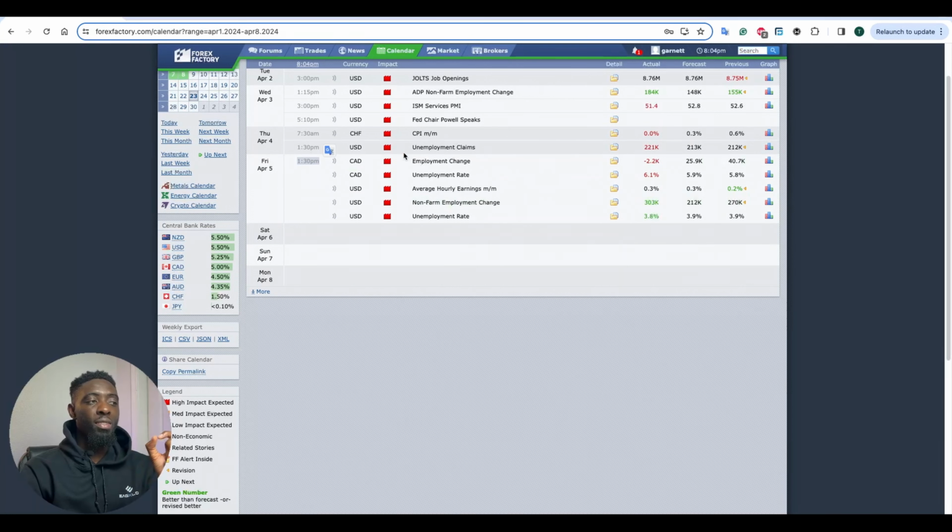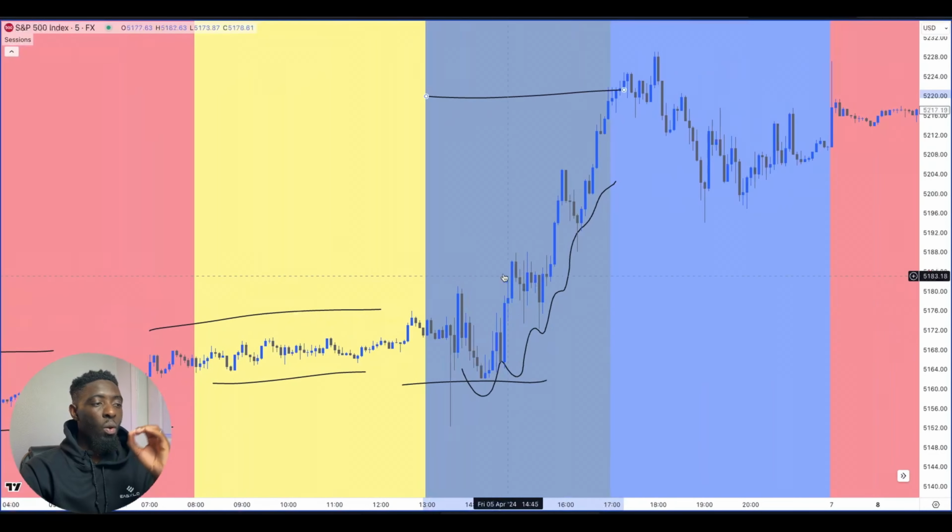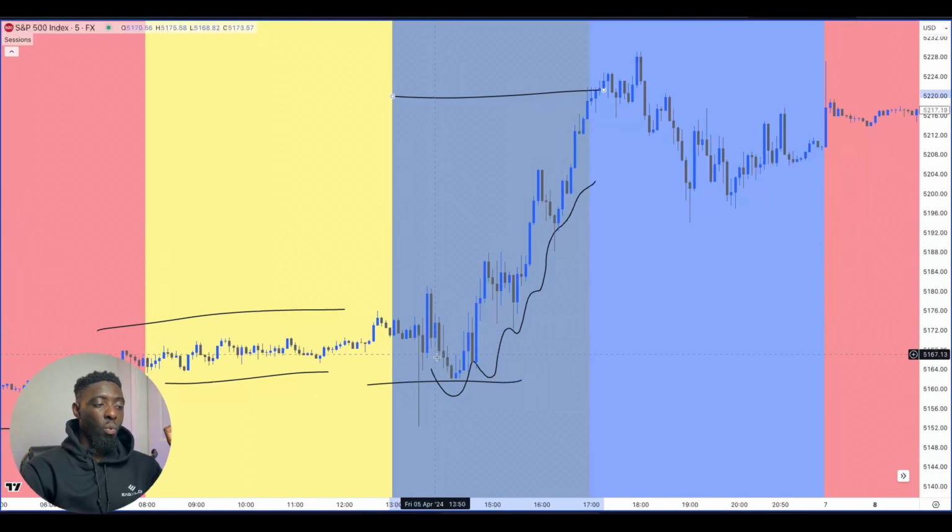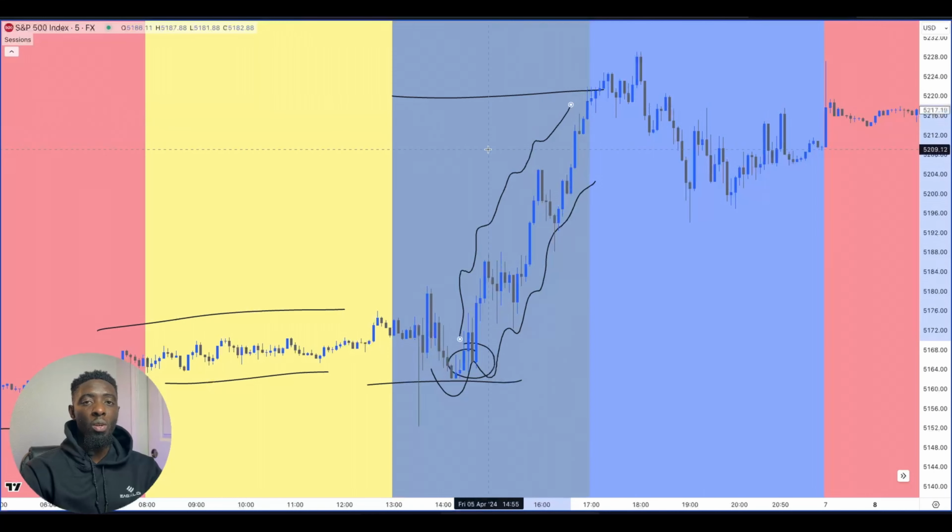You're just using this data to know when these economic events are going to be released, and then you combine this with what you have on your chart. So 1:30, which is this period right here, that is when the news was being released, and now you see this movement to the upside.